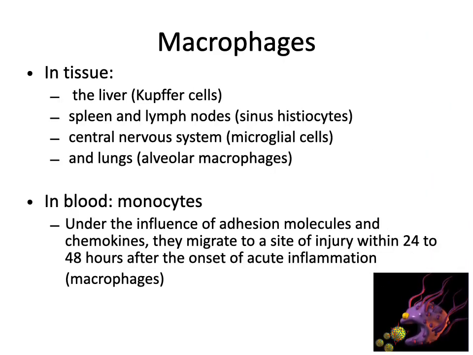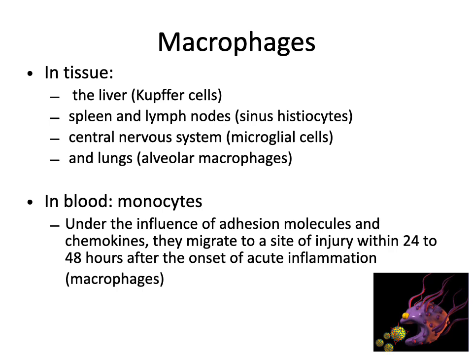So, tissue monocytes, again, are known as macrophages, and depending on where they are, they tend to be given specialized names. Okay? So, in the tissue, again, they are known as macrophages. In the blood, they are known as monocytes. Okay? Kung sa liver, these macrophages are known as Kupffer cells. In the spleen and the lymph nodes, they are known as sinus histiocytes.